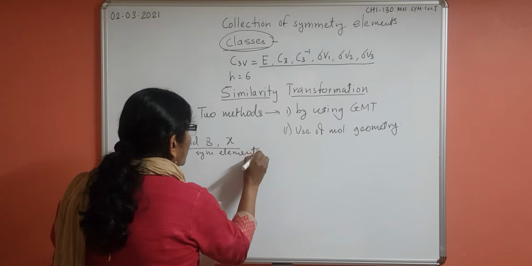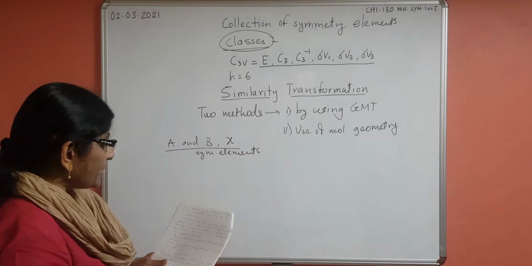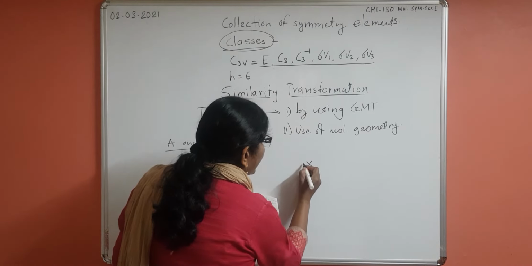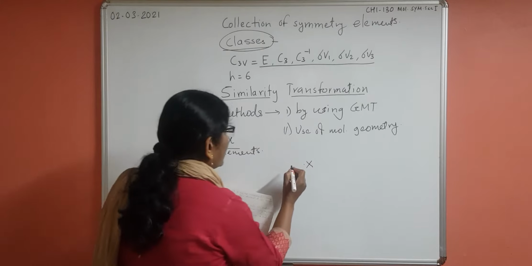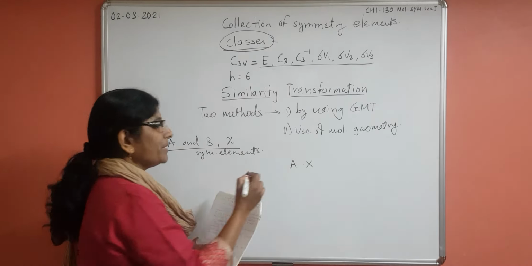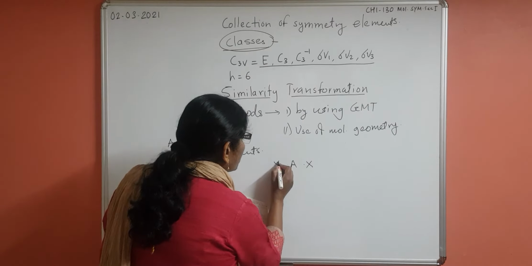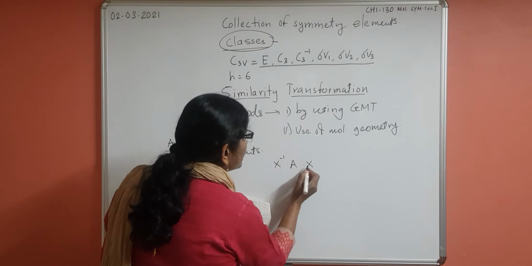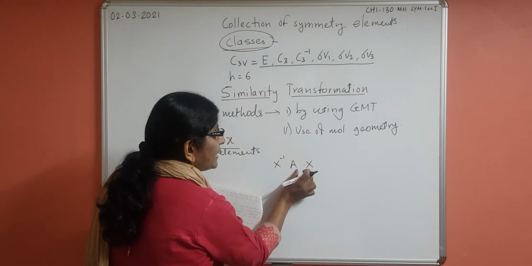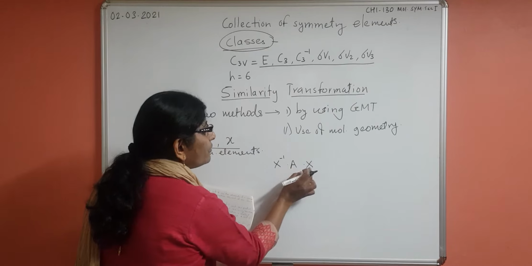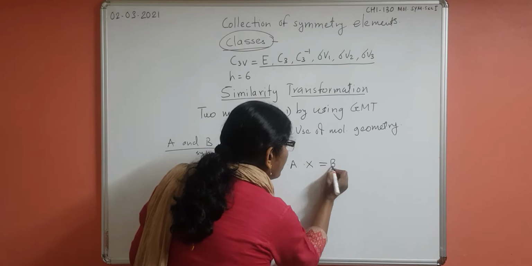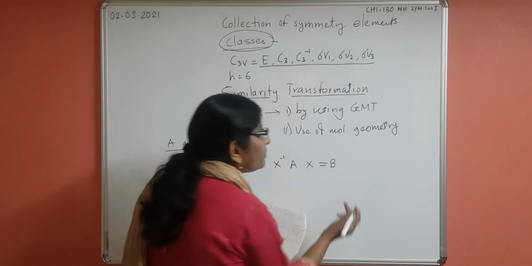In terms of similarity transformation, how do we write? We have to write from the right side, X is one of the symmetry elements. We are going to do similarity transformation on A, which is again one of the symmetry elements, and take the product of A and X first, and then whatever the resultant is, we take the product with the inverse of this operation, and we end up with another symmetry element which is again a part of that point group. So this is very important.